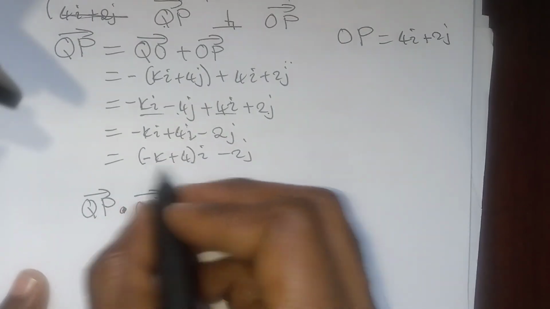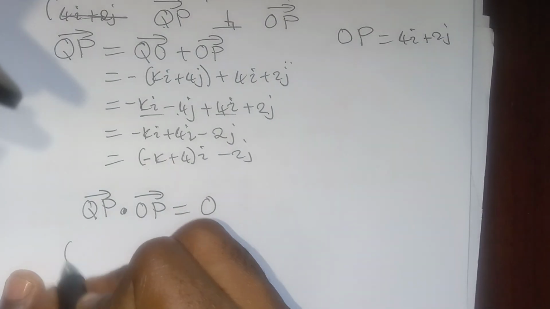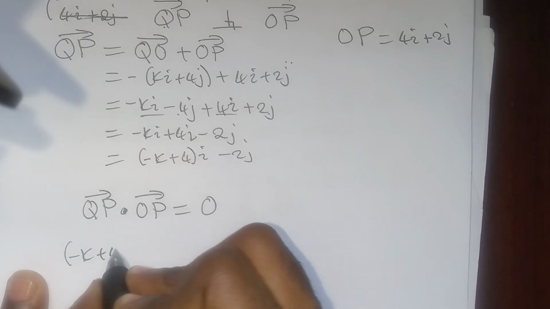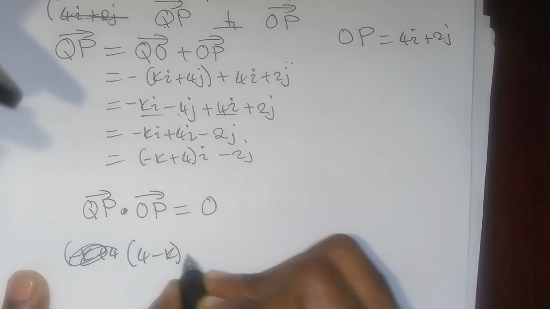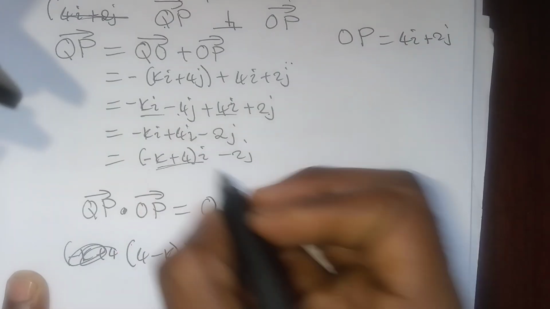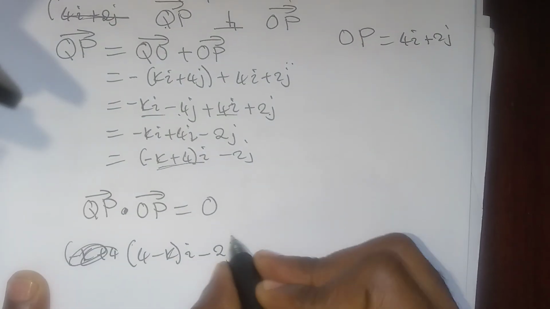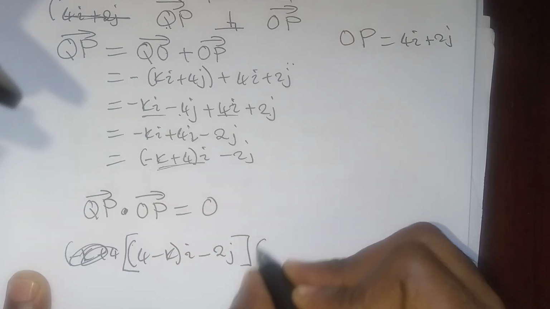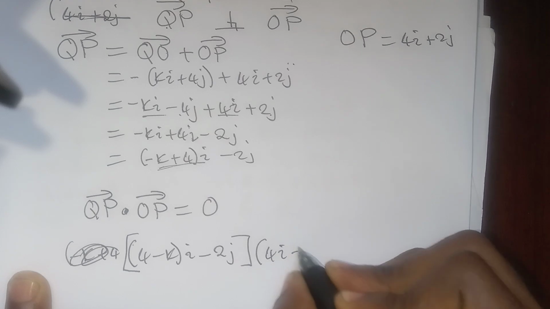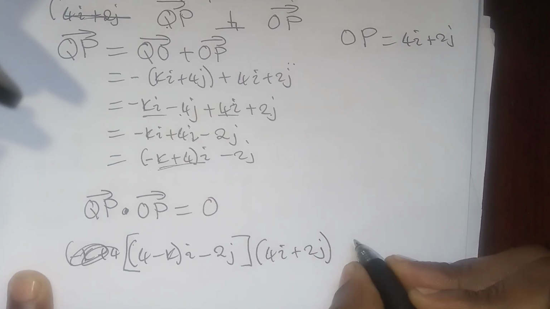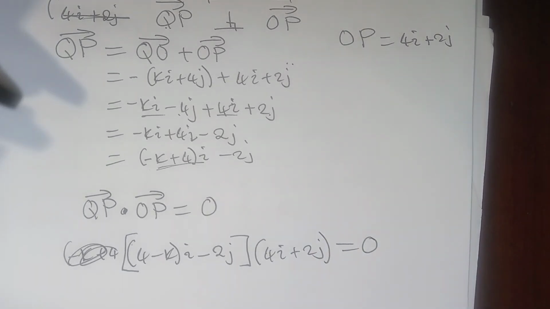So our QP is (4 - k)i - 2j, multiplied by our OP, which is 4i + 2j. And because they are perpendicular to each other, we can equate this to 0.